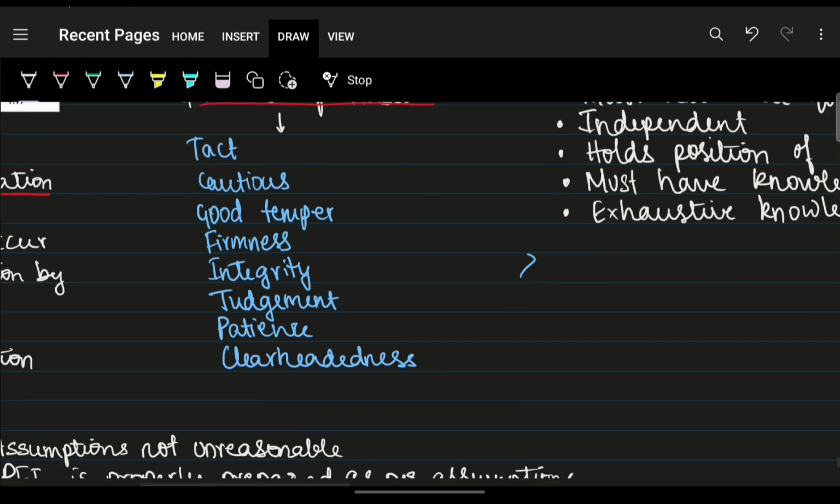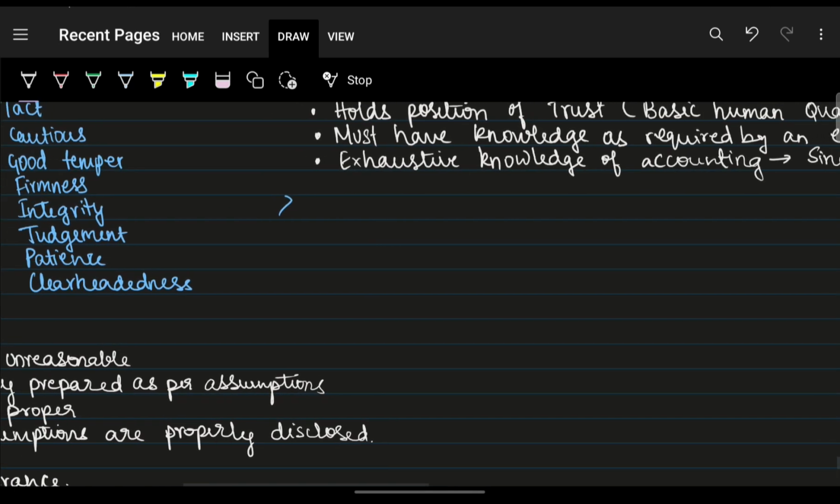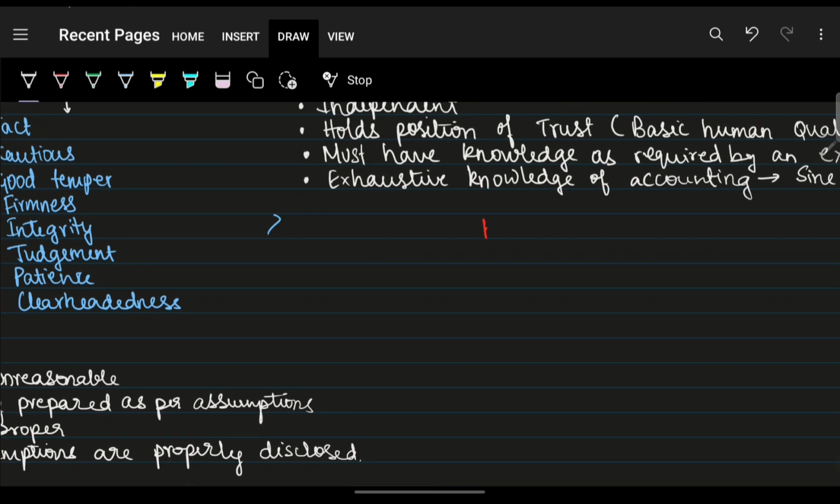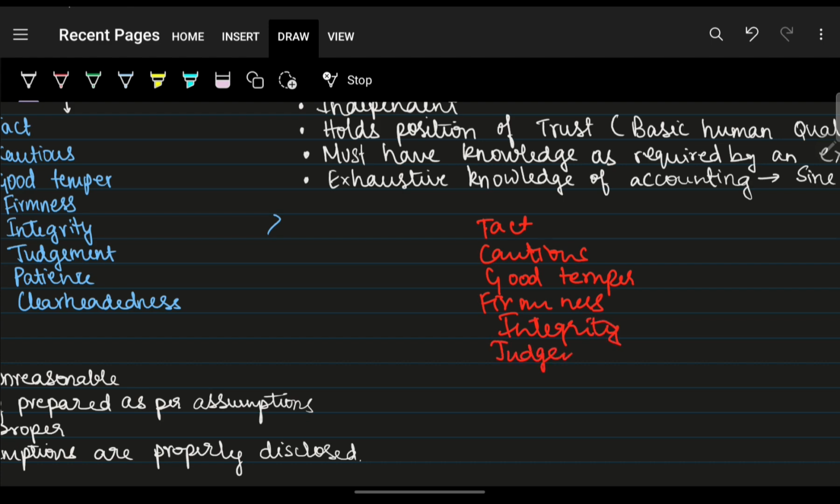So here, tact, cautious, good temper, and firmness.